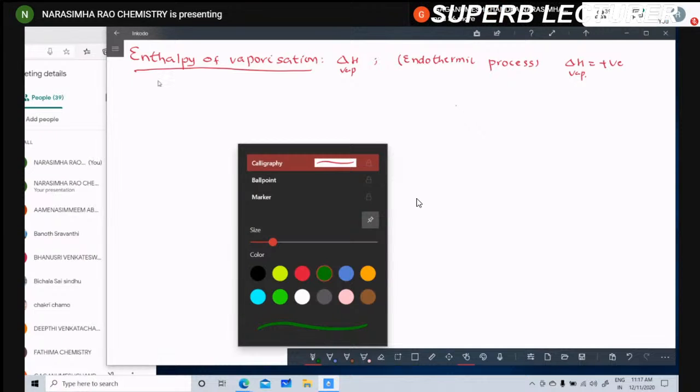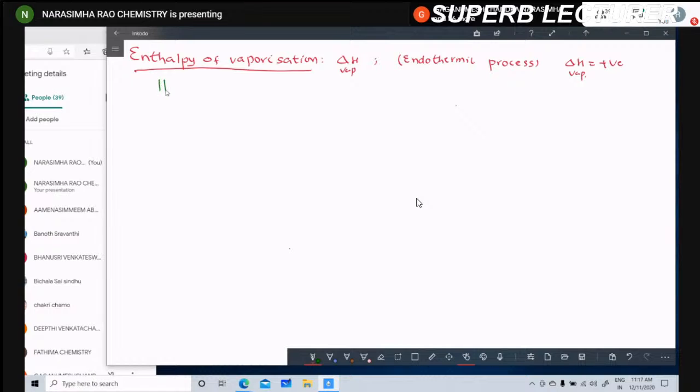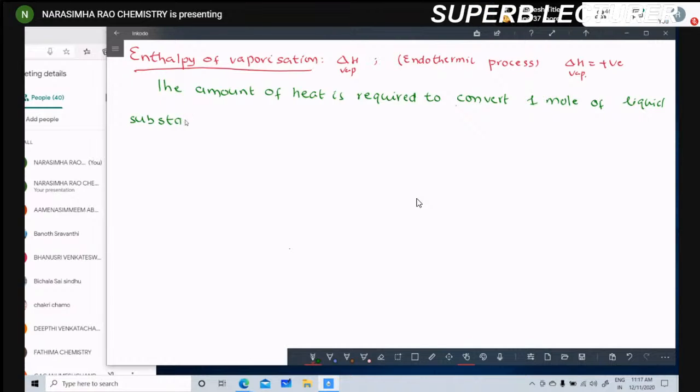The amount of heat required to convert 1 mole of liquid substance to vapor substance, that is, to its vapor phase or vapor state.